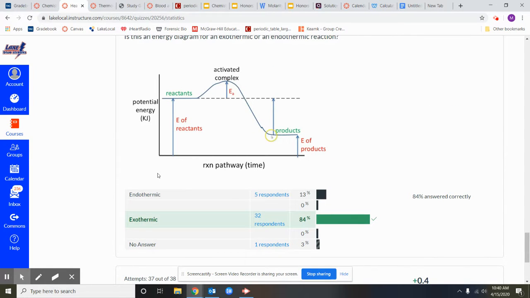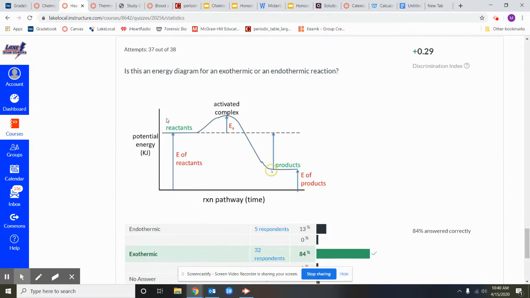And then the last question I'm going to go over is an energy diagram, and you had to determine whether it's endothermic or exothermic. It's exothermic, and you know that because your products have less energy than your reactants do. And if you think about this, when you have an exothermic reaction, you're releasing heat. Heat is a product. So if you're releasing that energy, it makes sense that the products are going to have a lower energy amount than the reactants did.